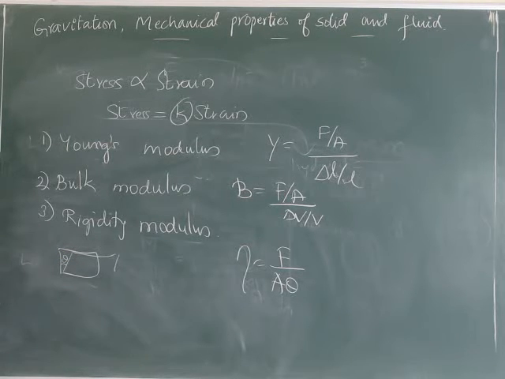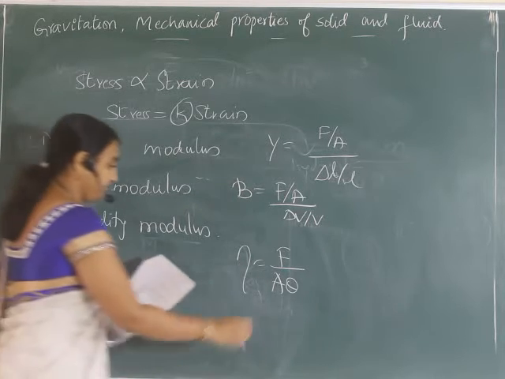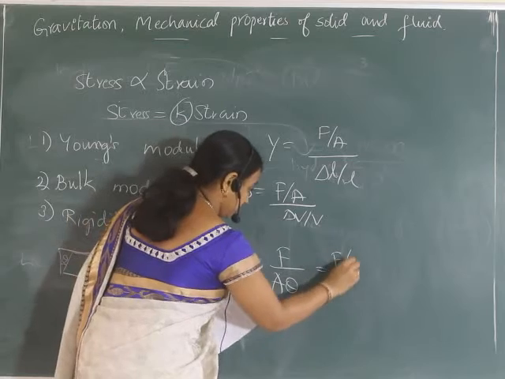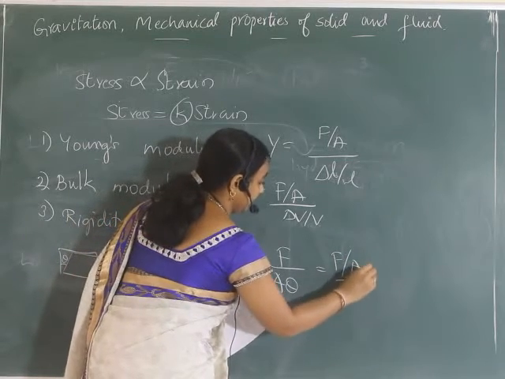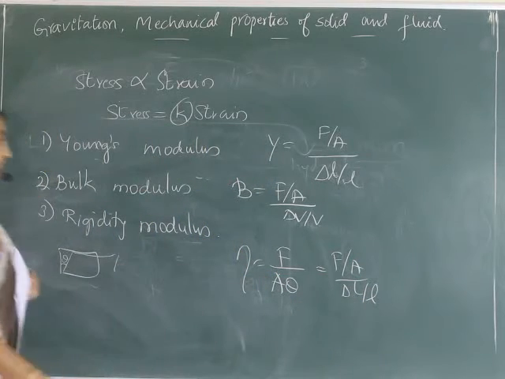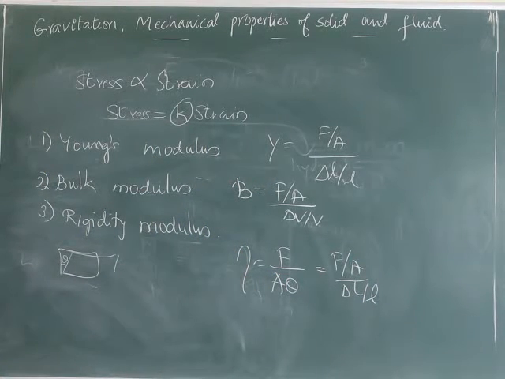Then eta is equal to F by A theta, or else it is F by A delta L by L. You can also write rigidity modulus as F by A delta L by L. So this is about the shear modulus or rigidity modulus.